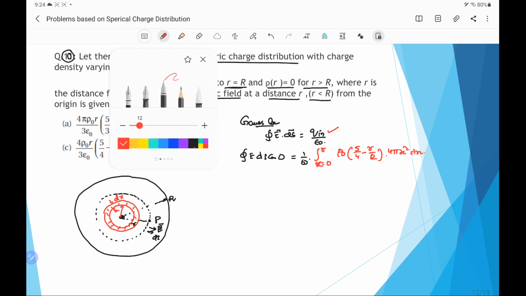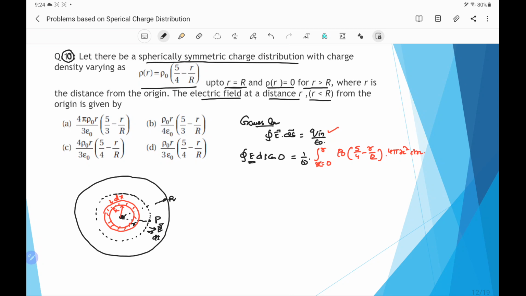Now E is constant at the Gaussian surface because of the symmetry, so we can take it out. Cos 0 is 1, therefore the remaining integral is ds, and it is equal to 1 by epsilon naught. Constant terms are taken out: rho 0 is taken out, and 4 pi is also constant.